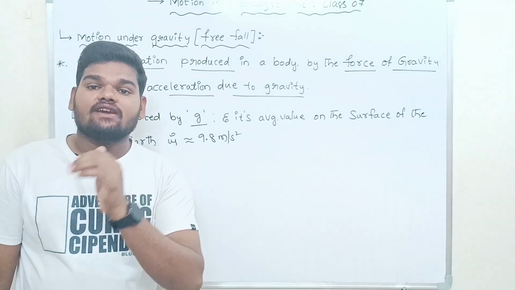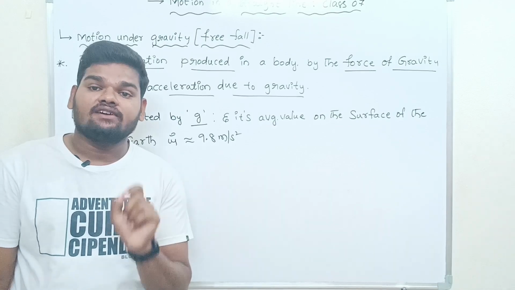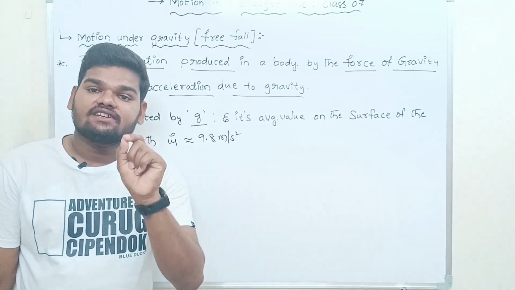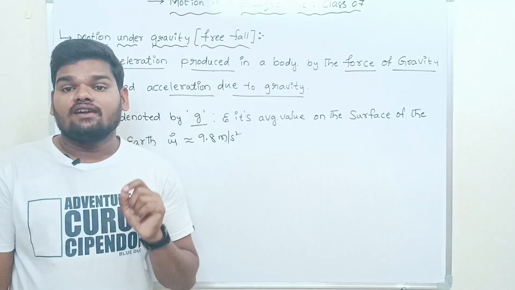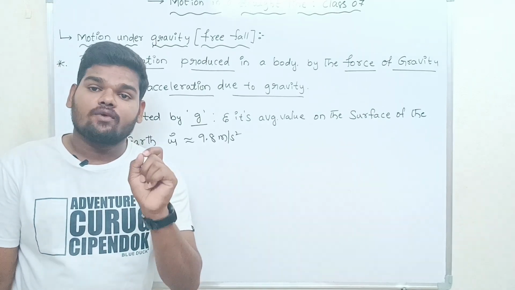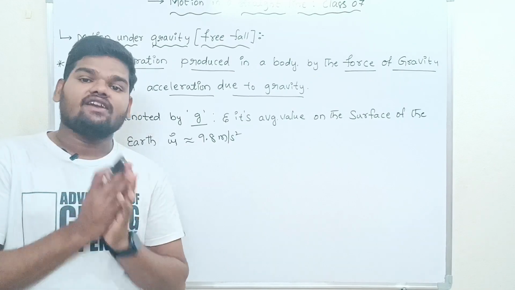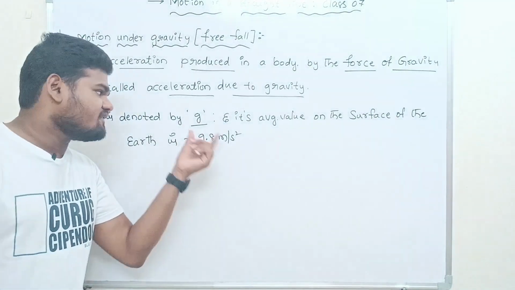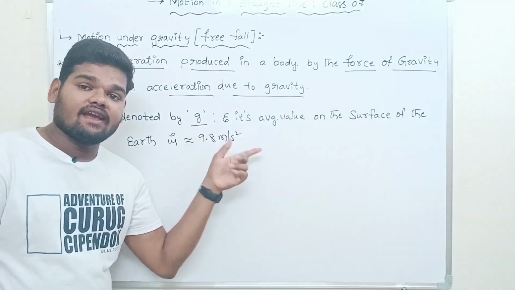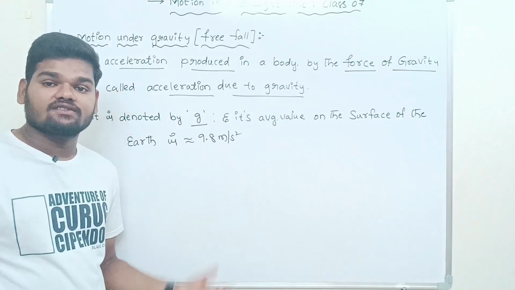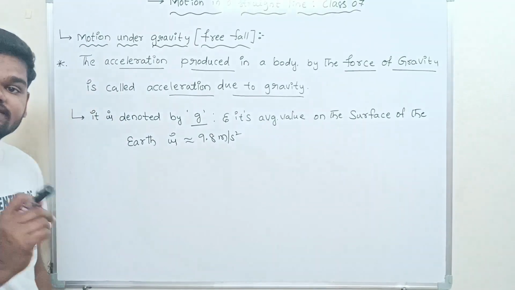At the equator, the value is more, equal to 9.872 something. On an average, we get the value of g equal to 9.8 meter per second square. This is the average value of g.